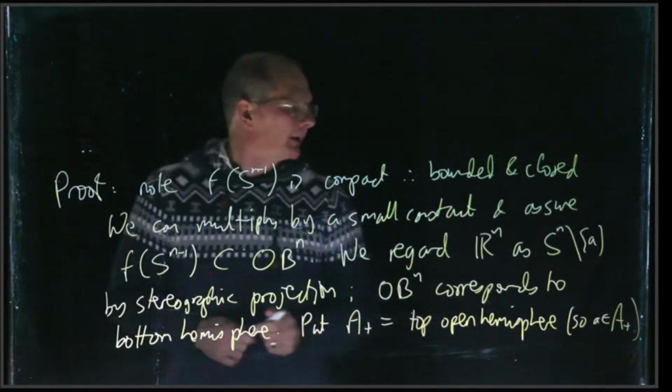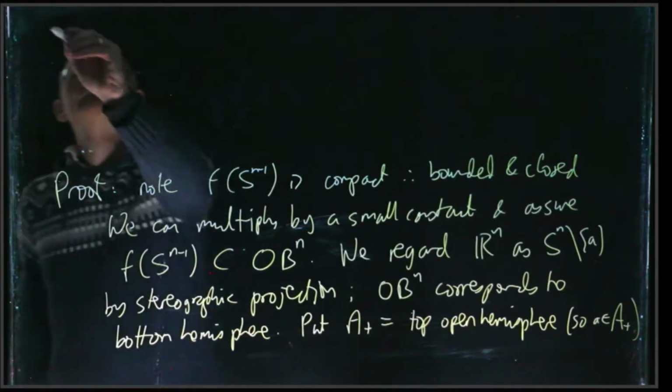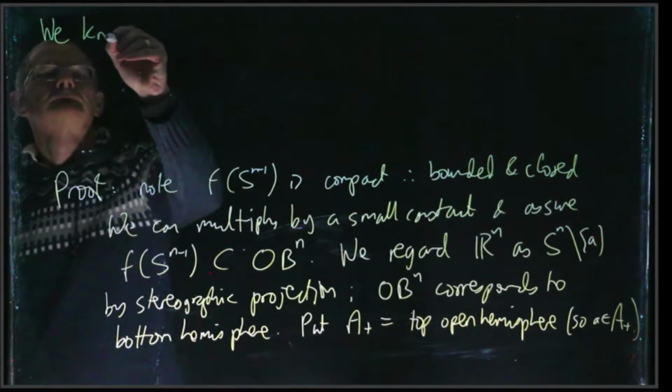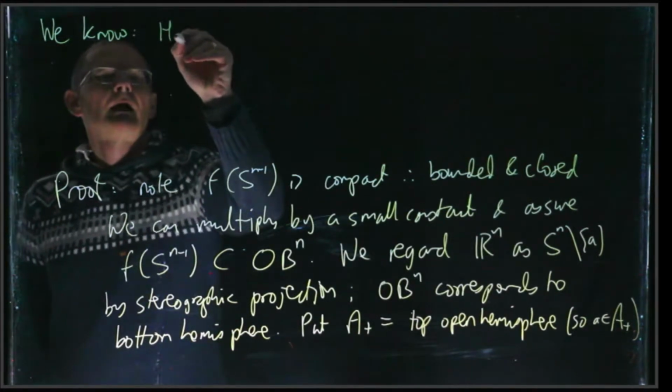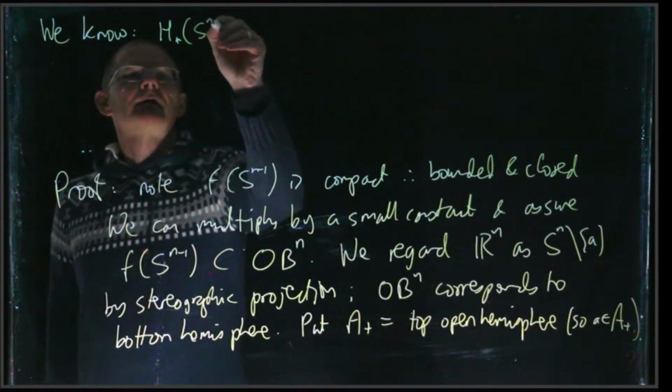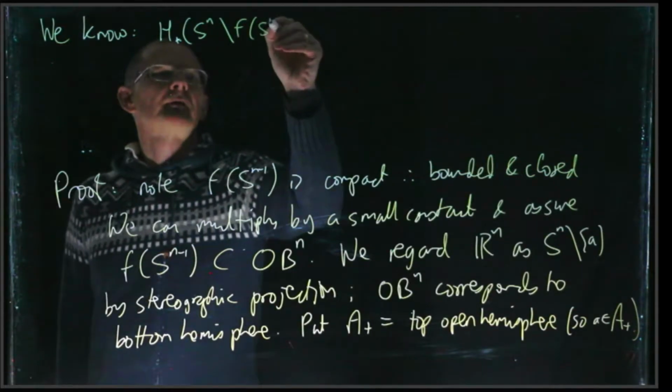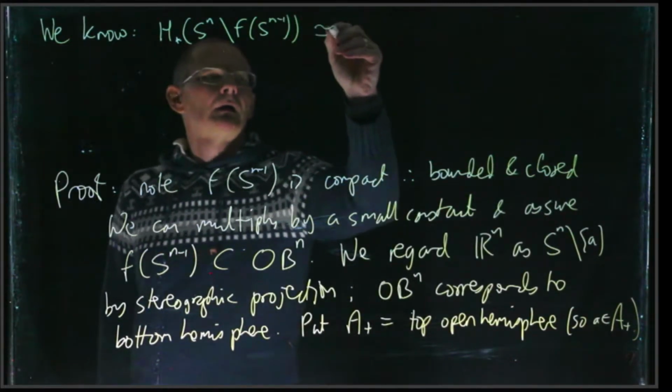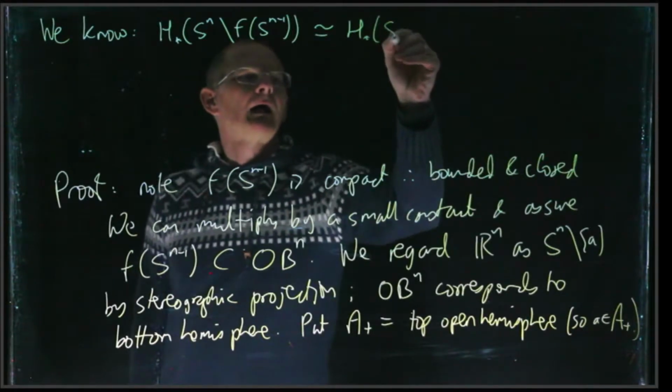Okay, so we know by our last big theorem that the homology of S^n with f of S^(n-1) removed is the same as the homology of S^0.